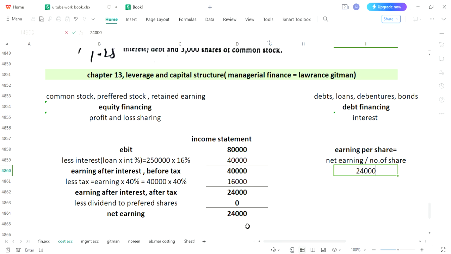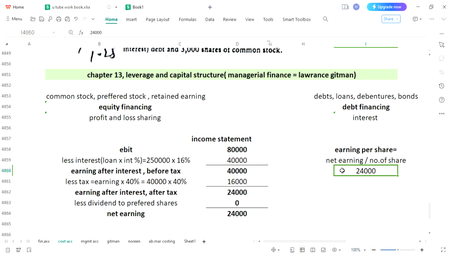Okay, and there might be three different types of shares. Look over here, possibly common shares, preferred shares, and retained earning, which is not present in the question, and preferred stock is also absent in the question. So it's just the coincidence. If for example we have common shares and preferred shares present in the question, you will take only common shares. To calculate EPS, you will always be taking common shares.